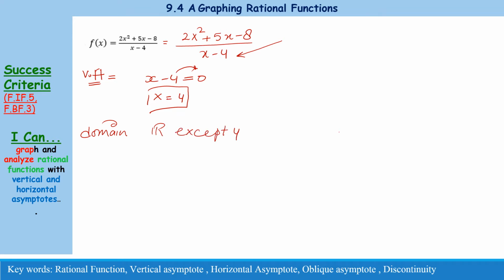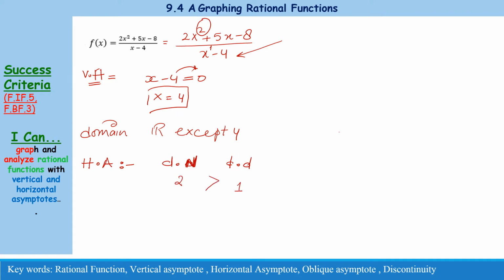Now, after that, you would have a horizontal asymptote. In order to find the horizontal asymptote, we look at the degrees of the numerator and denominator. Degree of numerator is 2, and degree of denominator is 1.